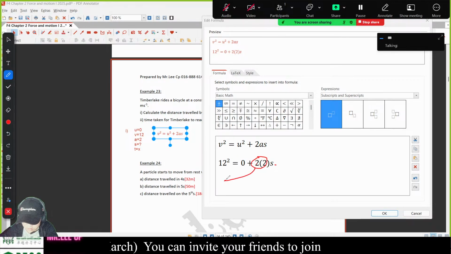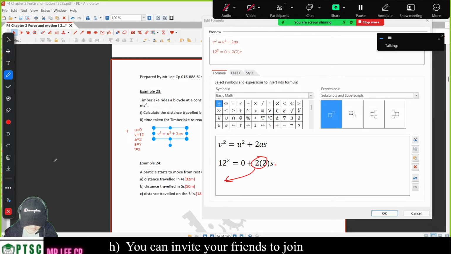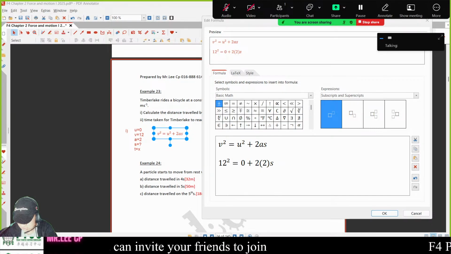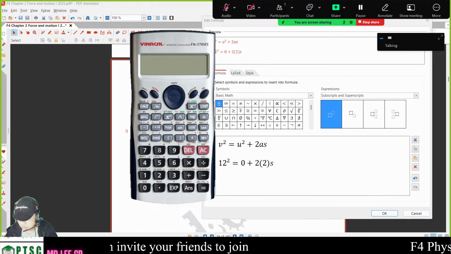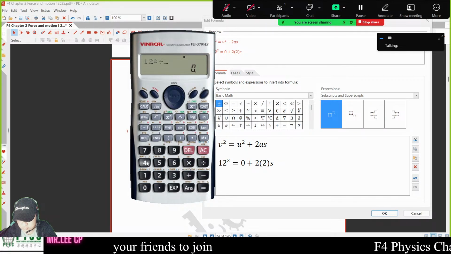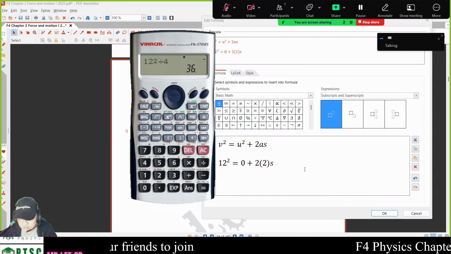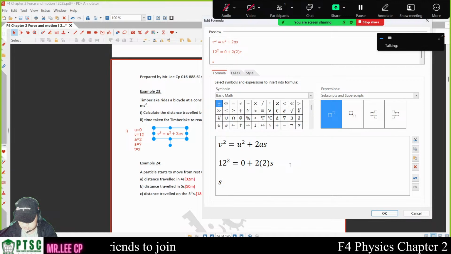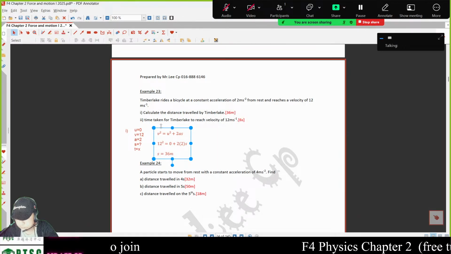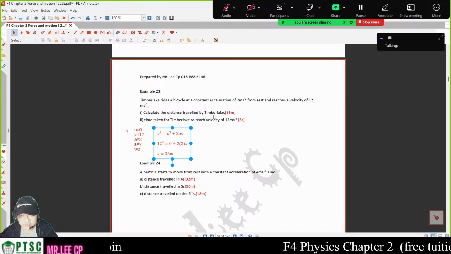So your 4 divides down. So S is 12 squared, 144, divided by 4. So we got S is equal to 36.